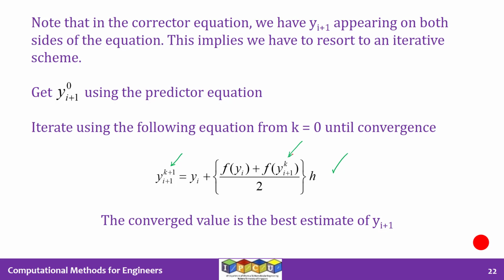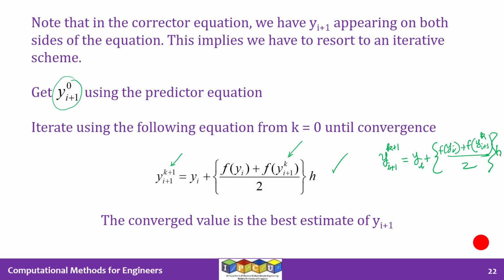So what we are going to do is, once we get yi plus 1 0 using the predictor equation, we are going to say yi plus 1 k plus 1 is equal to yi plus f of yi plus f of yi plus 1 k by 2 h. This is exactly what is written here.